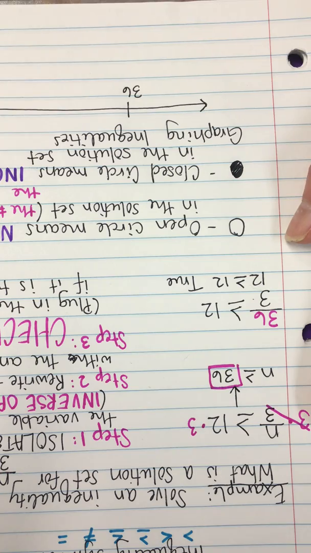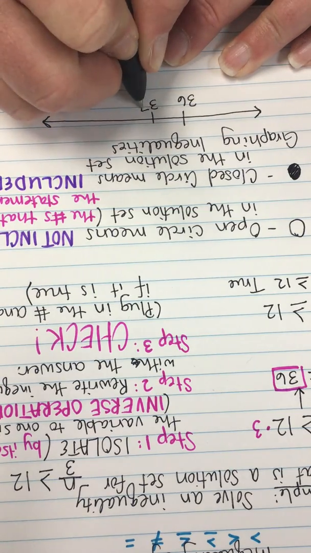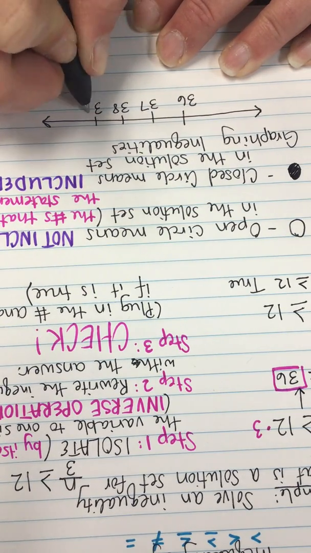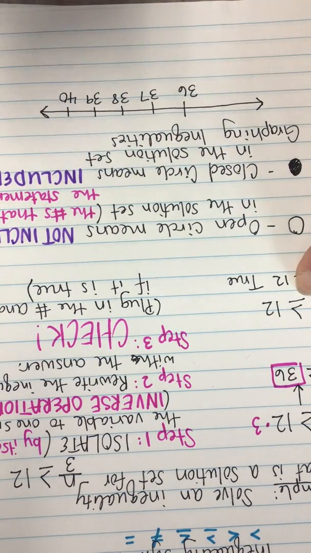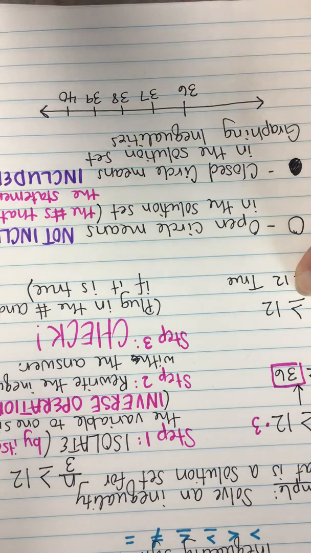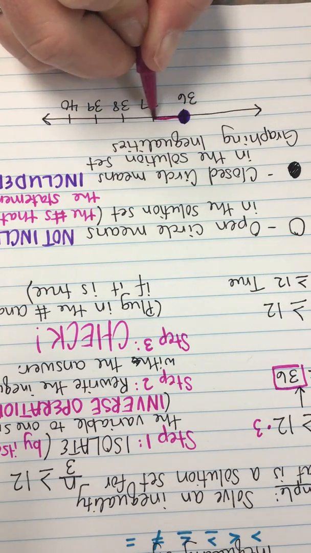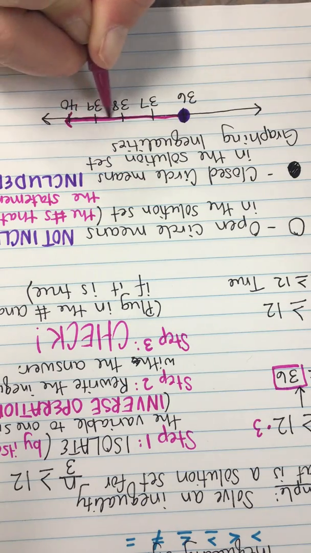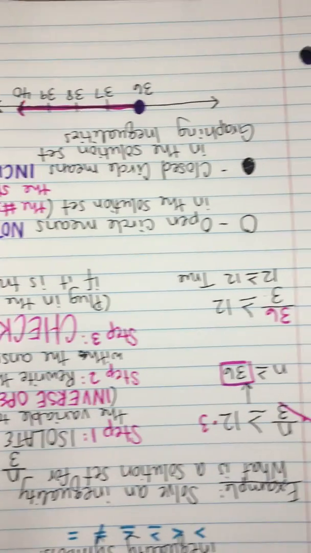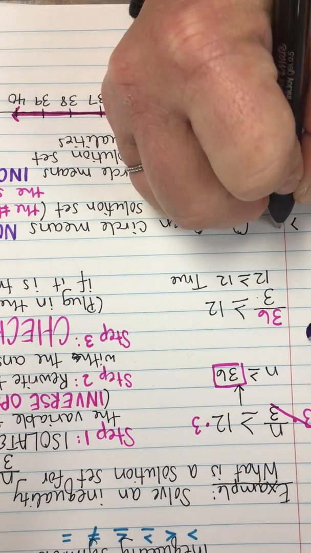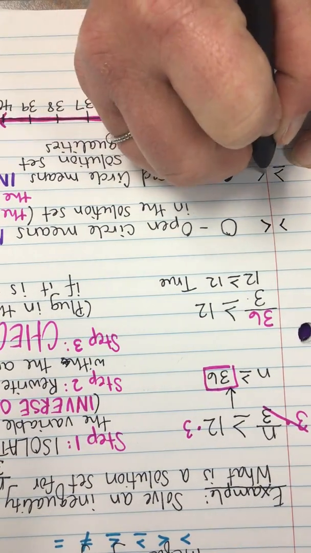Any number to the right of 36 makes the statement true: 37, 38, 39, 40, and so on. Since it's greater than or equal to, I'm going to have a closed circle, and my arrow goes that way. The signs that go with an open circle are greater than or less than, and a closed circle is greater than or equal to, less than or equal to.